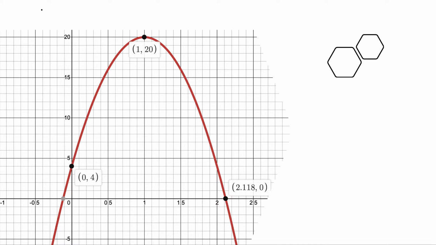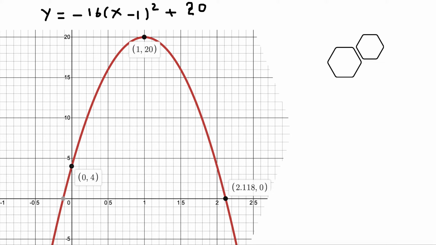If we plug in the function y, what we had before, that is equal to minus 16 times (x minus 1) squared plus 20. So this was the vertex form we found of this quadratic equation according to the given in the word problem.